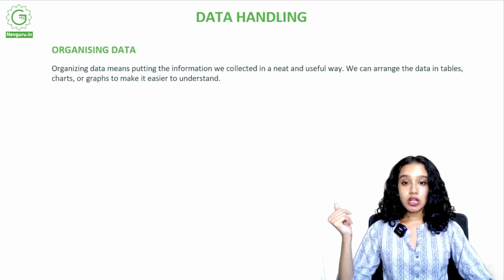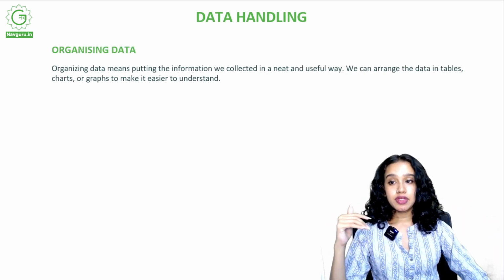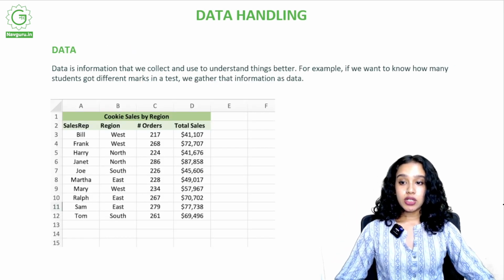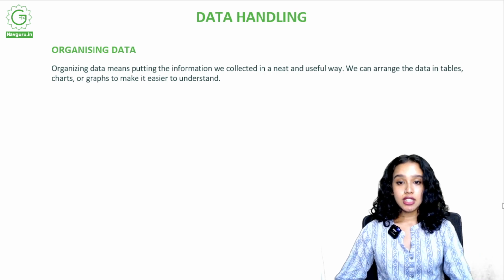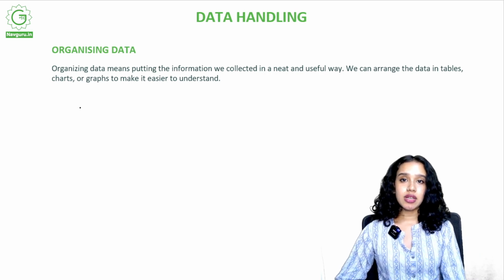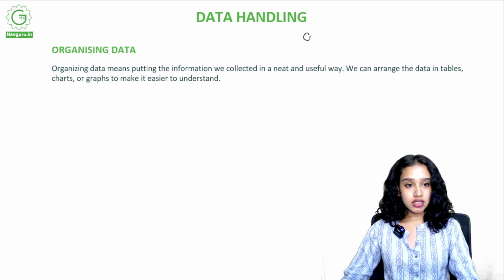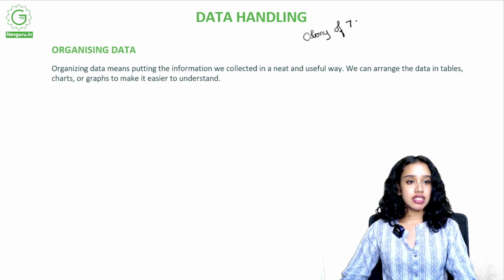Now, when we are talking about organizing data, this is a very good way to organize it, right? Say we have a colony of 782 people.